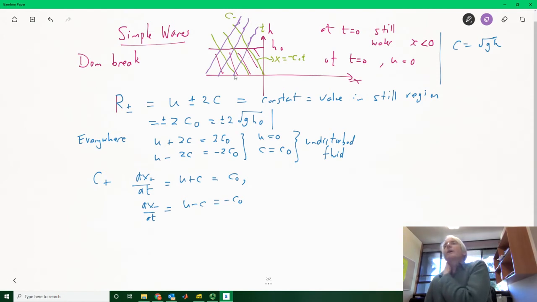We know that coming out of this, these characteristics start to curve or do something silly. We'll see in a second what they actually do. But we know on every single point here that u plus 2c is equal to 2c0. We don't have the other characteristic coming, but we know this equation is true.